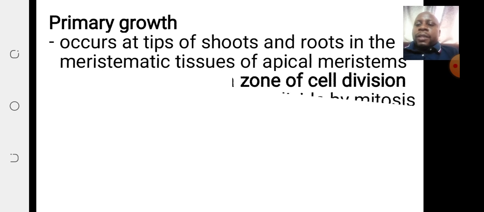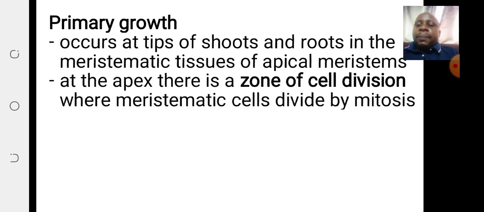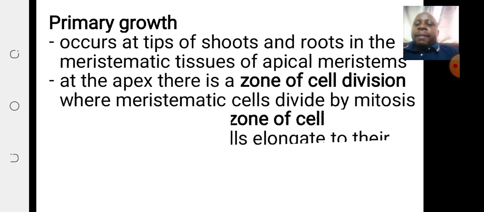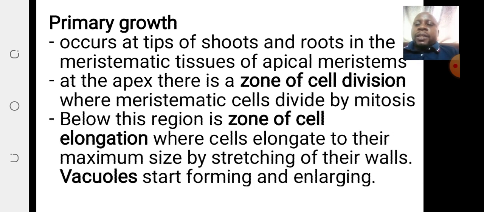We have also said that at the tip we have the zone of cell division. This is where meristematic cells divide by mitosis. Below this region we have the zone of cell elongation, where cells elongate to their maximum size by stretching of their walls. At that particular point, vacuoles start to form.